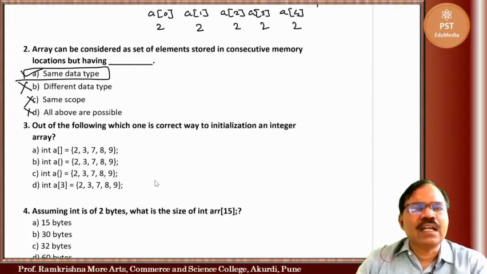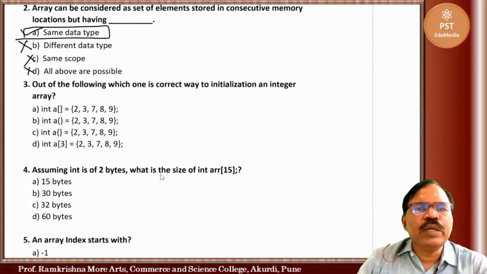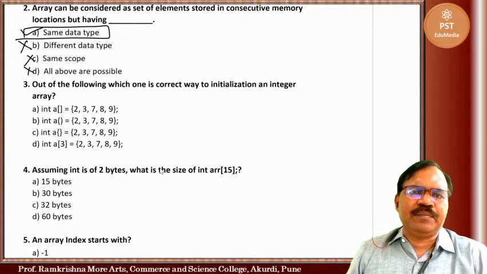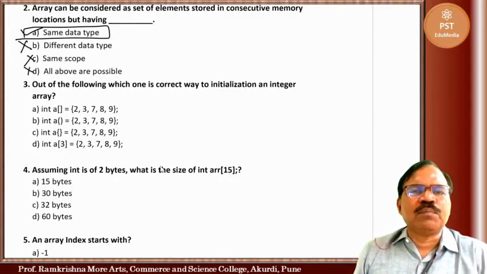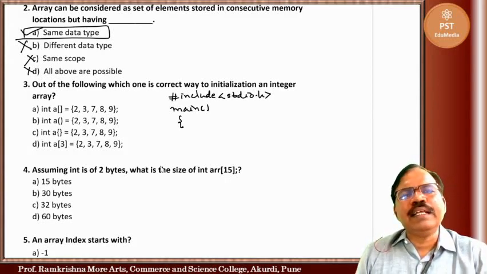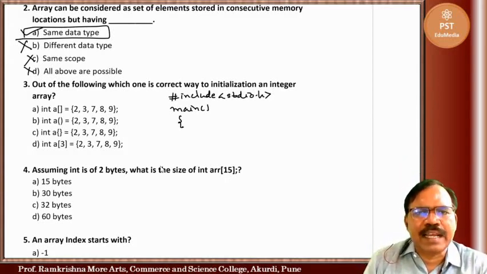Now next one, out of the following, which one is correct way to initialization an integer array? Initialization of an integer array. So suppose we write hash include stdio.h, then main, and suppose we want to take integer array, we have to declare integer array.